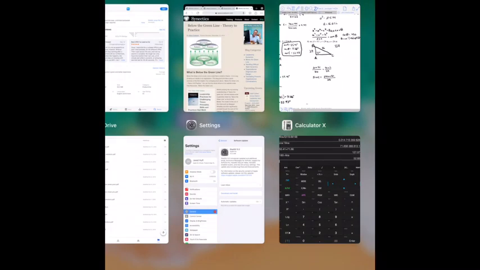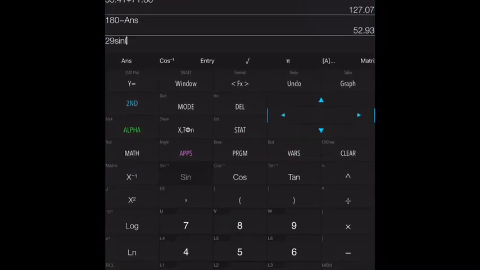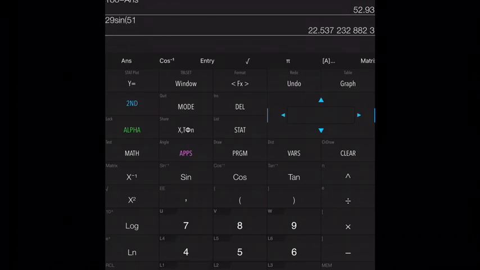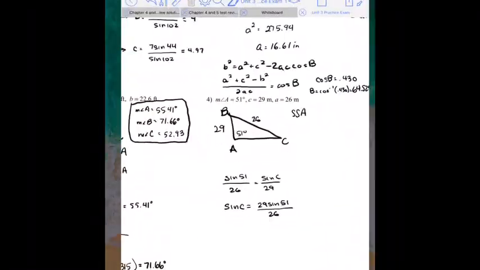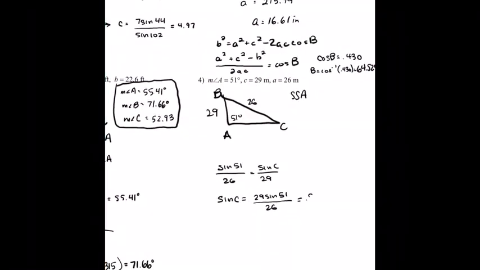So we need to do that computation now. 29 sine 51. So 29 times the sine of 51, and then divide that by 26, and we get 0.866 or 0.867. So sine C equals 0.867. So then use an inverse sine.